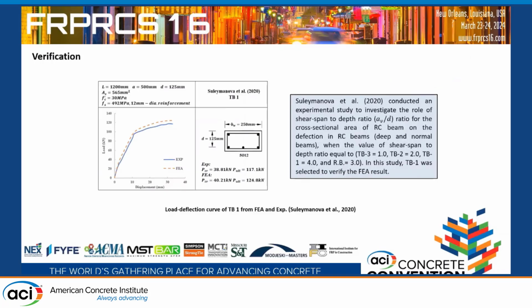So how to make sure my simulation is correct is the verification. I used the experiment conducted by Shaolin Manual, who studied the role of shear span to depth ratio for the cross-section area of RC beams on the deflection in RC beams, like deep and normal beams, when the shear span to depth ratio equals 1, 2, 3, and 4.